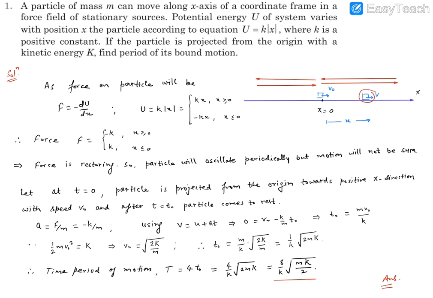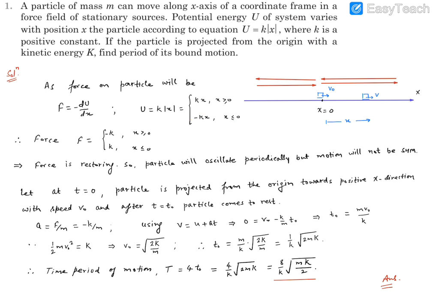Let's say the particle is at this location, which is x distance from the origin, in the positive x. So we know the force is given by minus dU by dx. That's the relation between the force and the potential energy. Since the potential energy is this, we can write it as kx when x is positive and minus kx when x is negative.